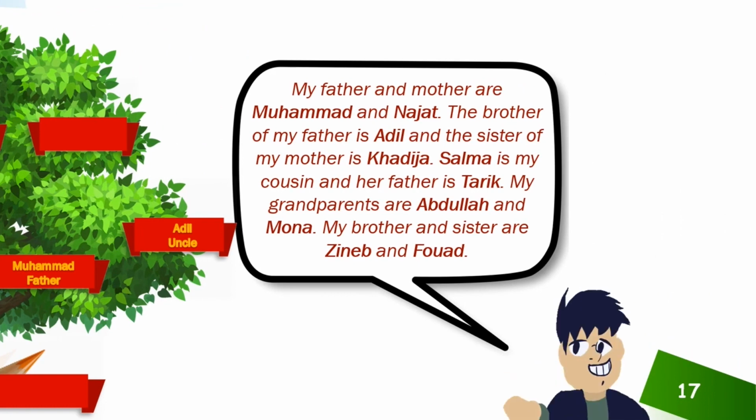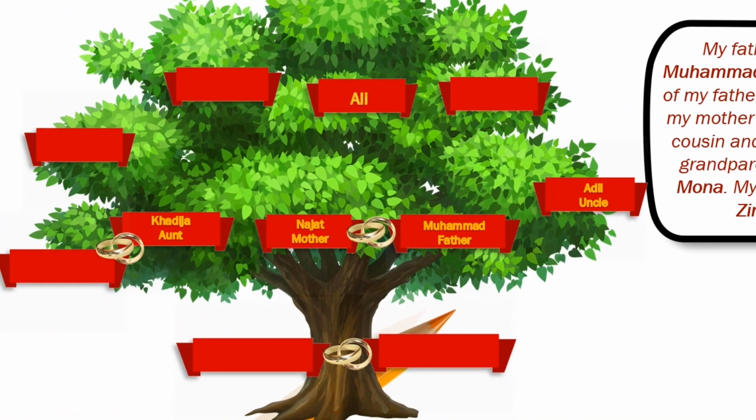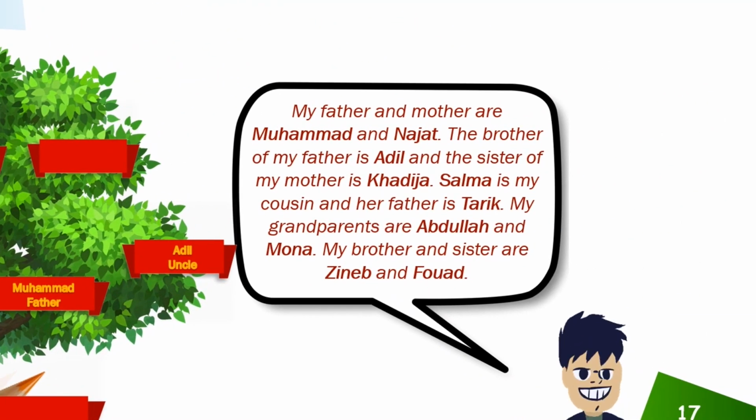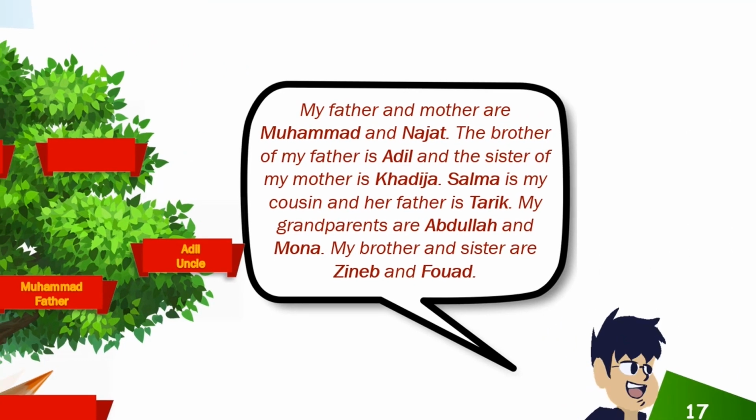Salma is my cousin and her father is Tariq. So, Salma is the cousin and her father is Tariq. And Tariq is the husband of Khadija, the aunt of Ali. So, respectfully, he calls him uncle. My grandparents are Abdullah and Mona.